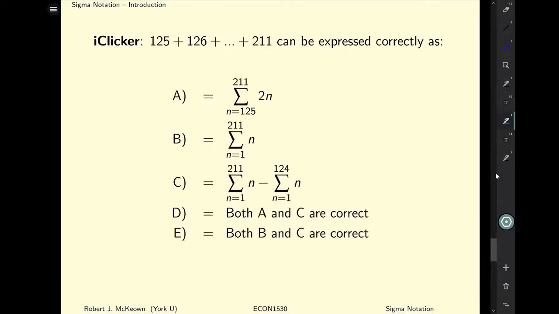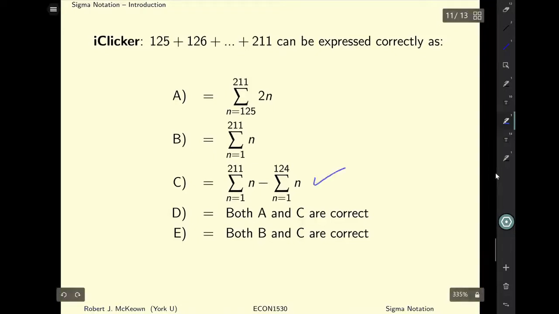Here's an iClicker question. Press pause and try it yourself. And you can see that the correct answer is C. C is the correct answer.